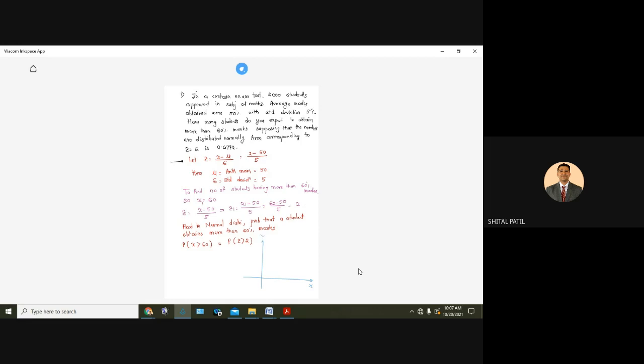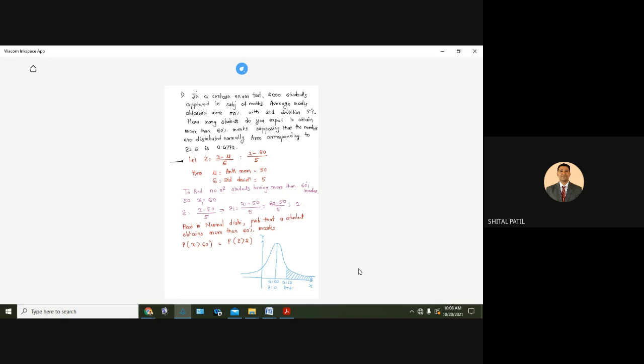This is x equal to 50 or z equal to 0. This is x equal to 60 or z equal to 2. We want the probability that a student gets more than 60% marks, so a student gets 60, 70, 80, 90 marks. This part we want to find.